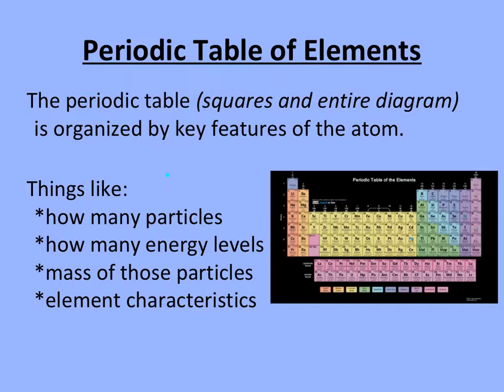We're getting information like how many protons, neutrons, and electrons there are, how many energy levels that atom has, what the mass is of all the particles within the atom, as well as certain characteristics about the element itself, like what it looks like, what elements it might react with, and different properties. This diagram looks pretty basic, but we can tell there's a lot of information, and that's what we're going to start picking apart.